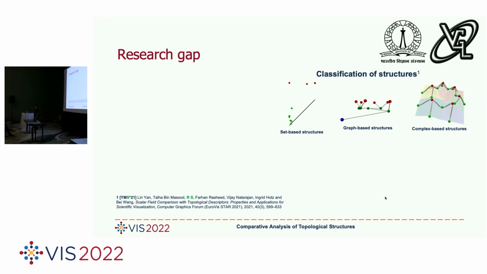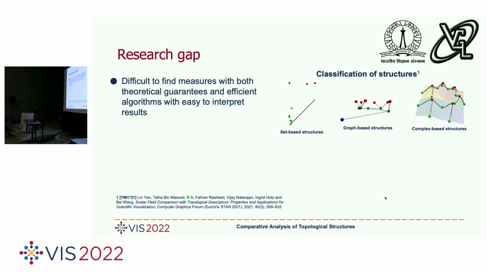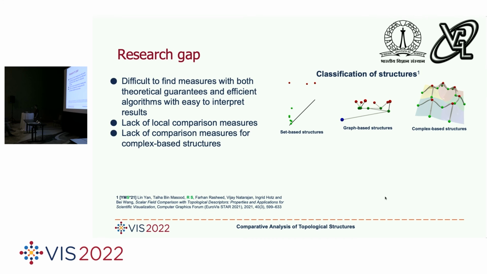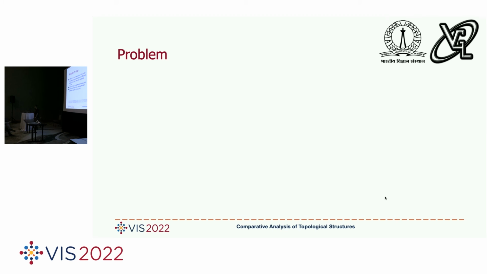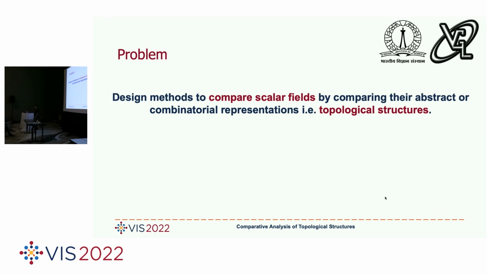It is a challenge to find measures which compare topological structures, coming with great theoretical guarantees, efficient algorithms, and also being easy to interpret. There is also a lack of local comparison measures and comparison measures based on complex-based structures. So we want to design methods to compare scalar fields by comparing topological structures.